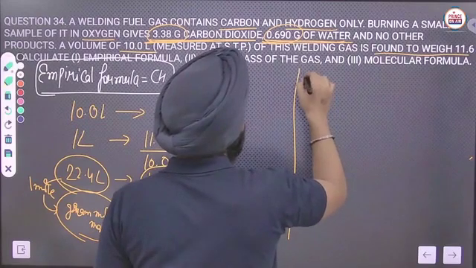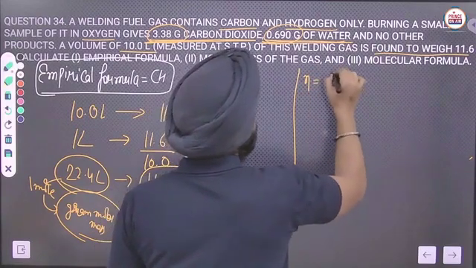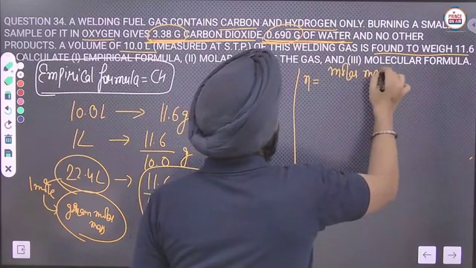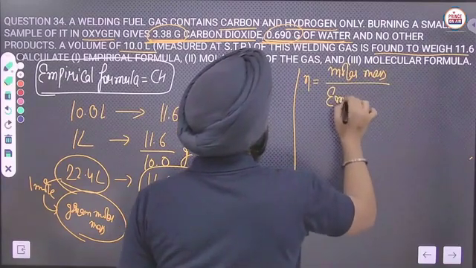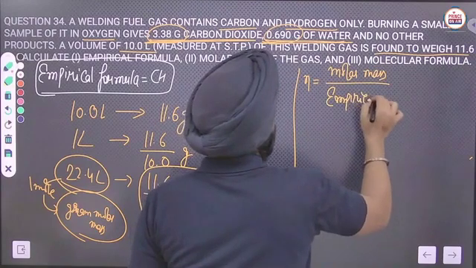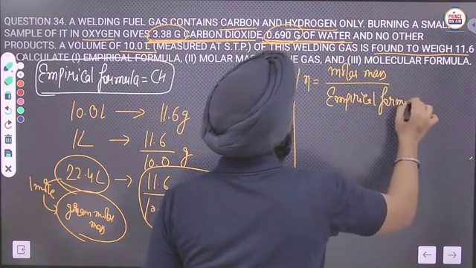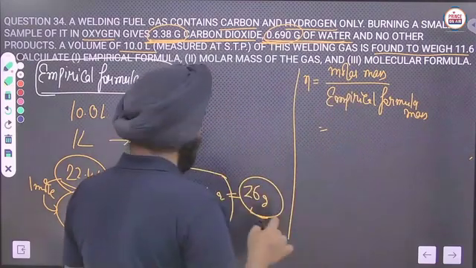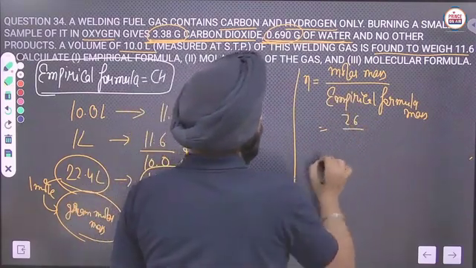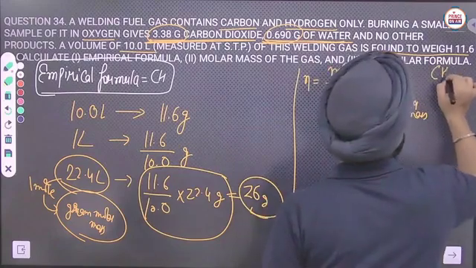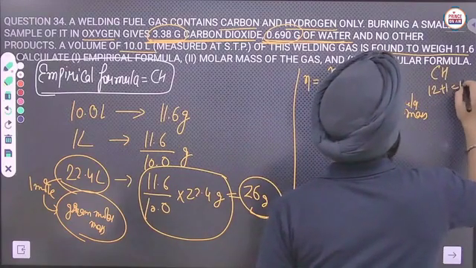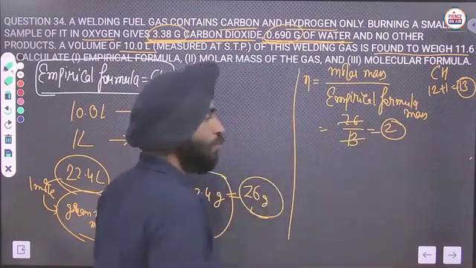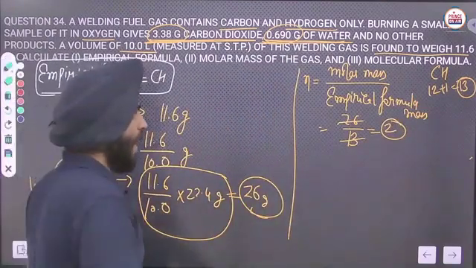Firstly, for that we have to calculate the value of n. n will come from molar mass upon empirical formula mass. Molar mass is 26, the empirical formula mass for CH is 12 plus 1, which is 13. So it will be 26 upon 13. If you cancel this value, you will get 2. So the n value is 2.